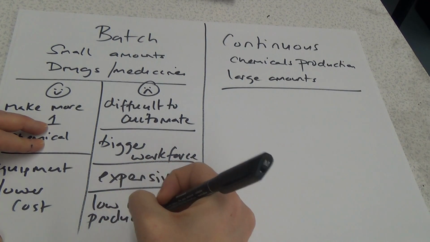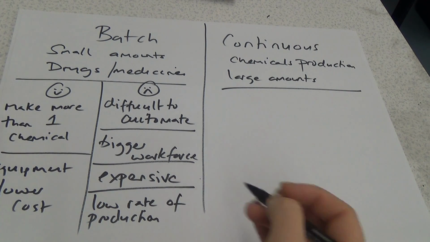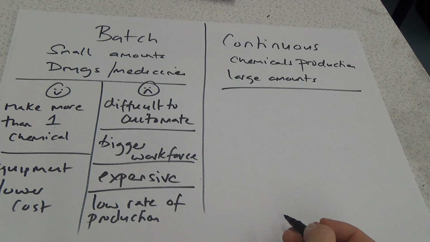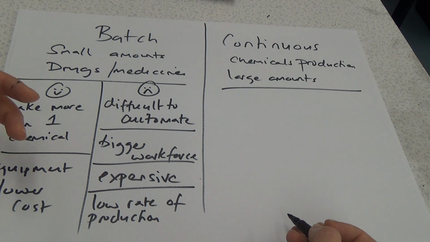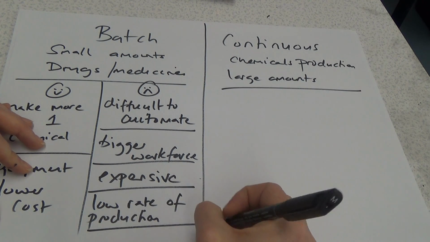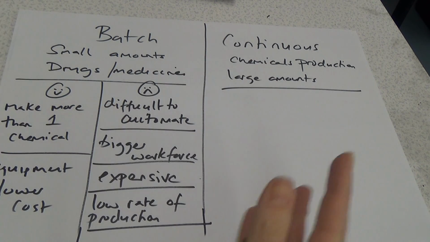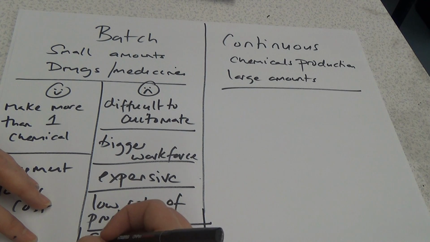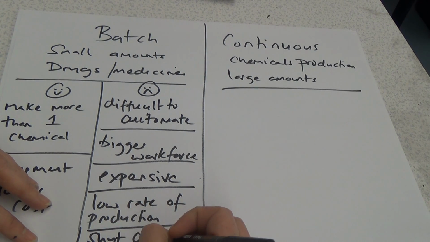So you don't actually make that much chemical, and that can be a disadvantage if you need to increase how much you're producing. So the production rate is quite low. And when you have to change chemicals, you have to make sure that your reaction vessel is cleaned, and you have to have shutdown time.